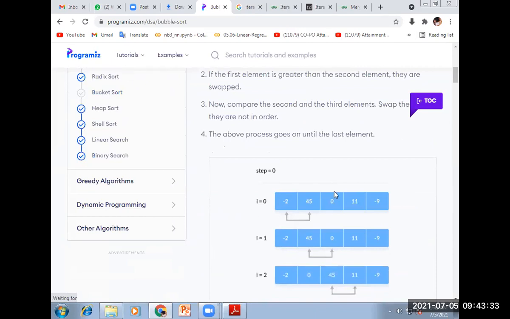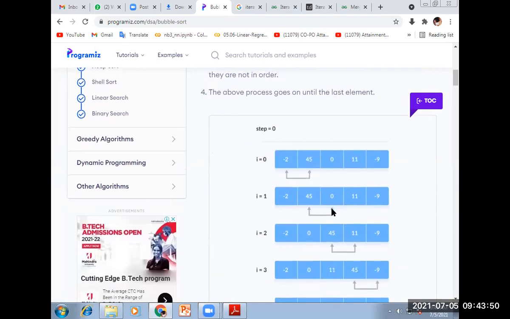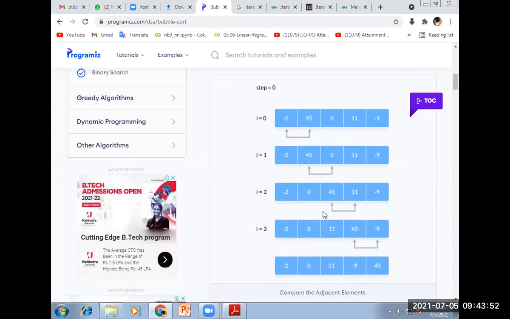If the condition is true, the first element compared with this one, it swaps. Otherwise, the condition is false and it stays there. These two are compared, this one is less. Then this element is compared with this one. In this way, perform bubble sort. Okay, clear students? Any doubt?